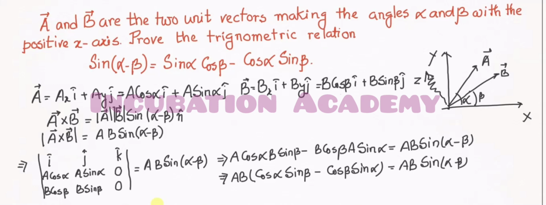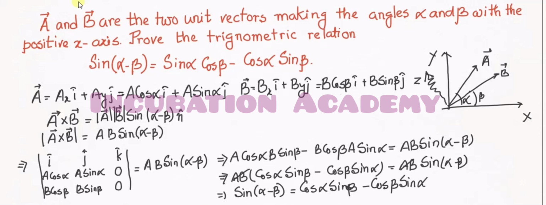Obviously, what we are going to prove, it comes with a little bit of negative sign here. Cutting this AB from both the left hand side and right hand side, what we get is sine alpha minus beta equal to cos alpha sine beta minus cos beta sin alpha.